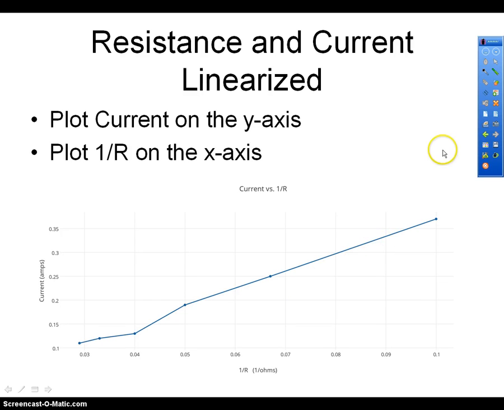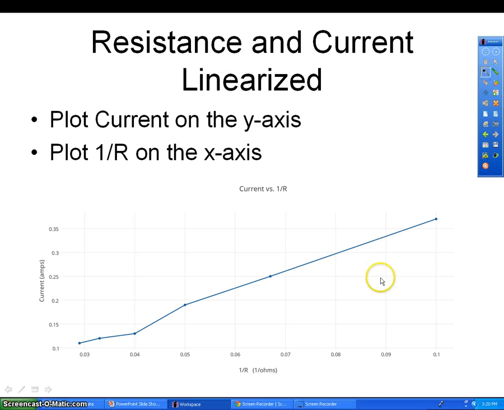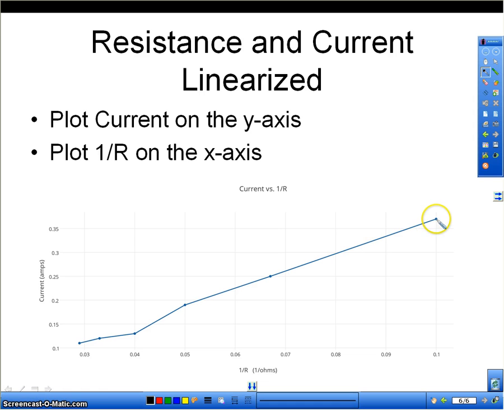Now, if I wanted to, I could draw a best fit line. The best I can, I'd use a ruler, whatever you've got, to draw the line that goes through as many data points as you can.